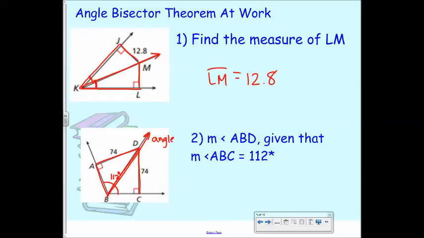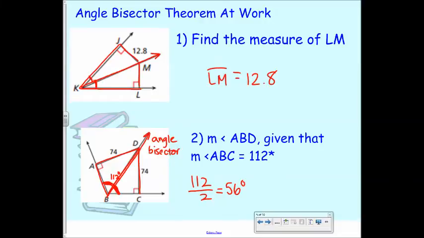And if BD is an angle bisector, then that means that it cuts the big angle in half. So each of these two angles is half of 112. So to find out what ABD is, all I would have to do with 112 is what? Divide by 2. So 112 divided by 2 gives me 56. So ABD must be 56 degrees.